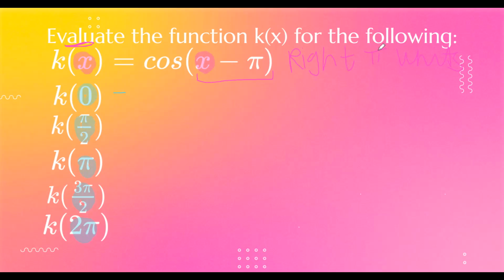So let's do it. K of 0 is going to give us cosine of 0 minus pi. And that gives us cosine of negative pi. Now, how is a negative radian measured? A negative radian just means in the opposite direction.